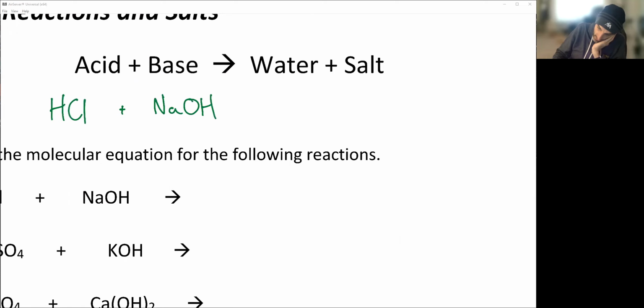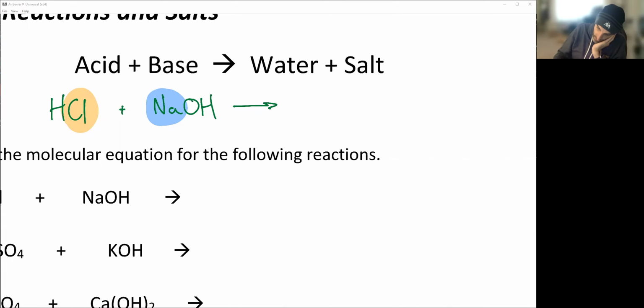I'm just going to highlight, there's my sodium, there's my chloride, the end result is the sodium and the chloride. Actually, I'll do water first.